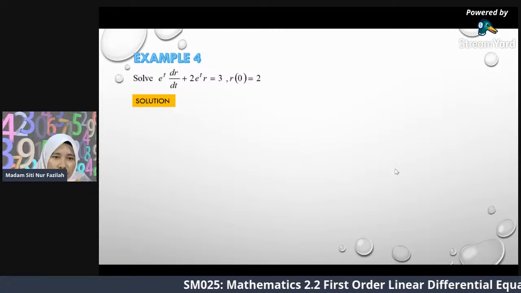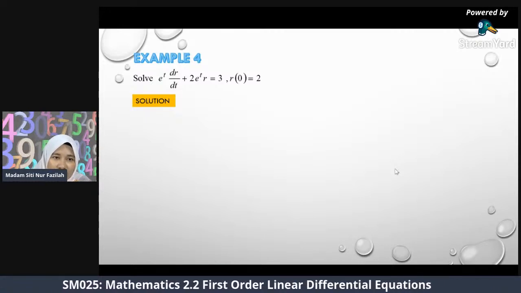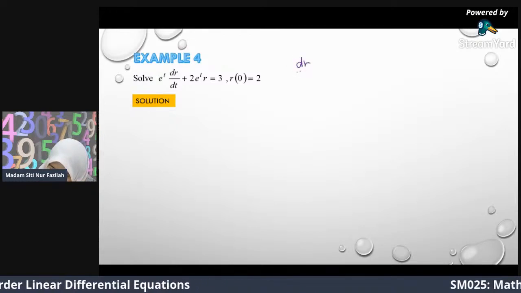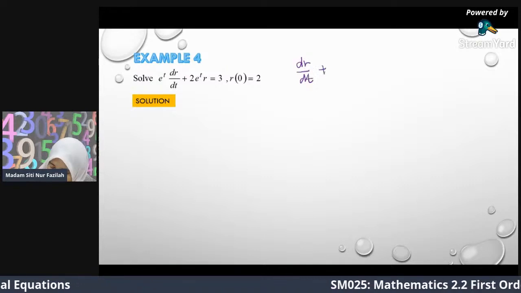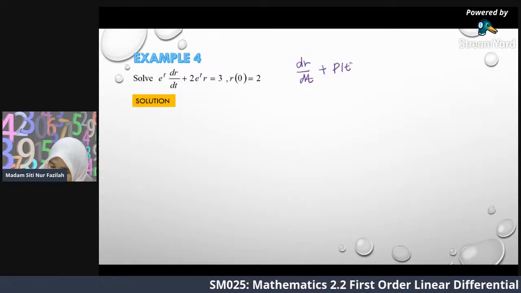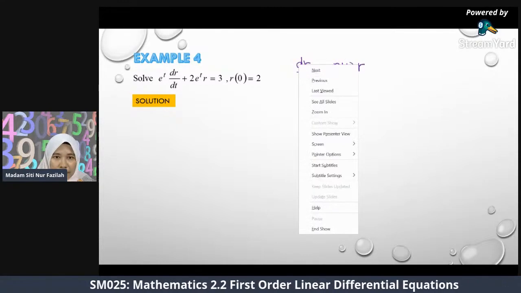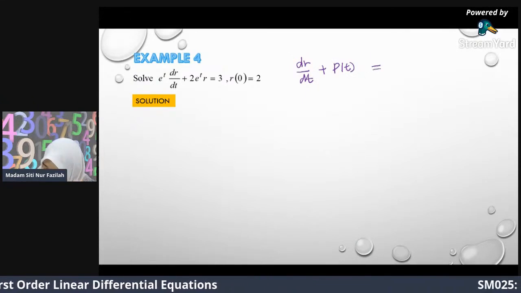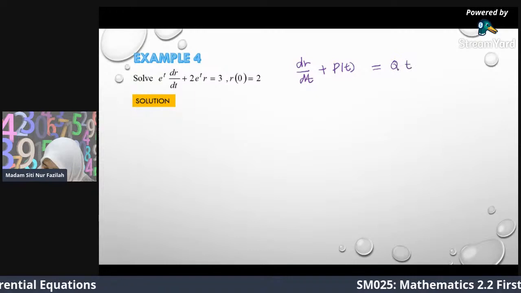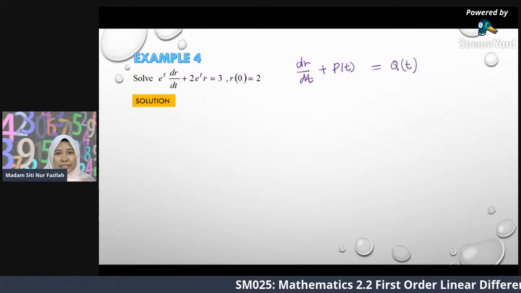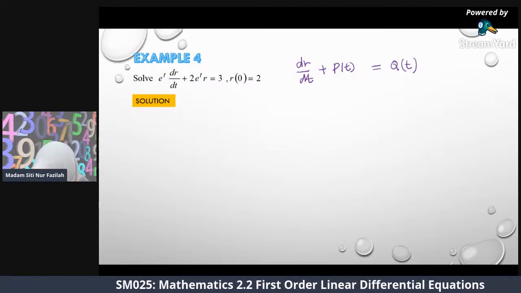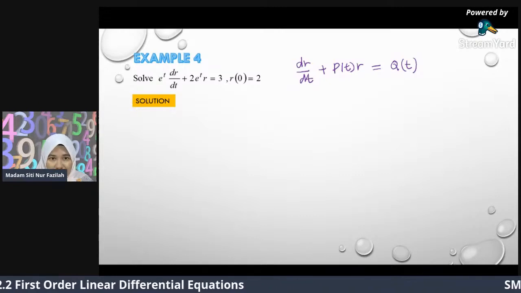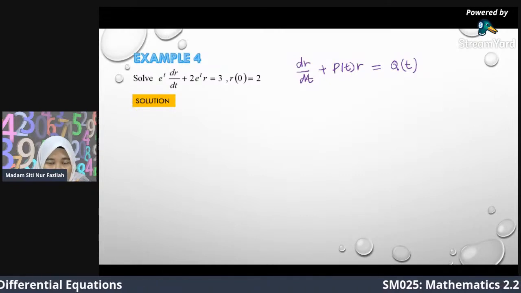We know that our derivative is dr/dt. That means the standard form here is dr/dt + p(t)r = q(t).